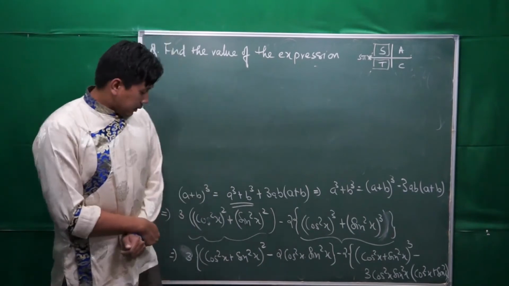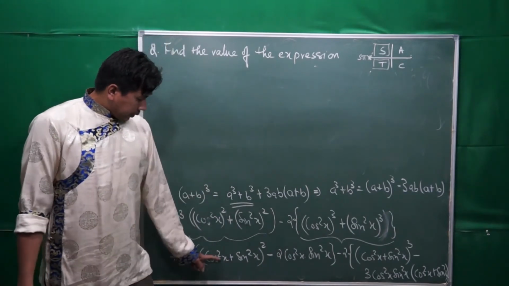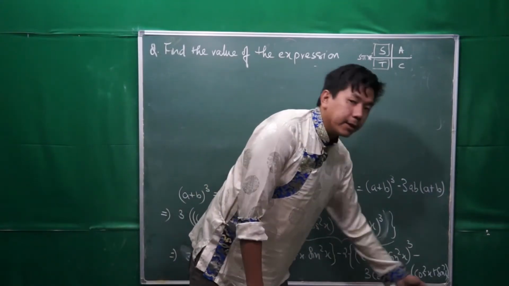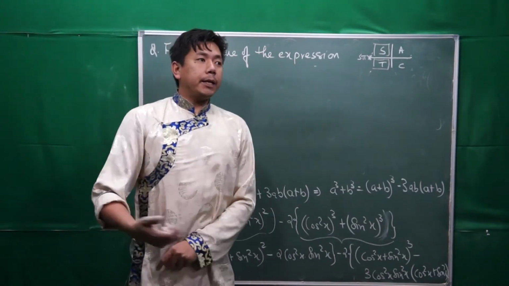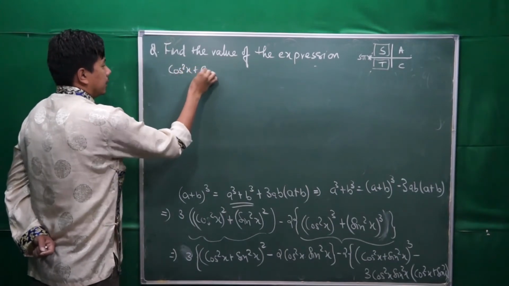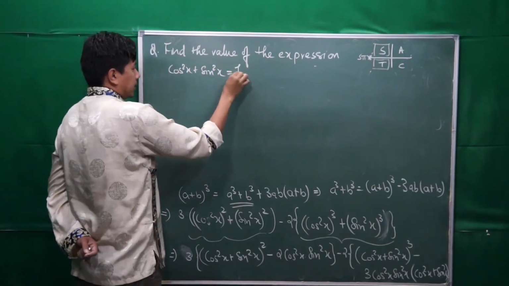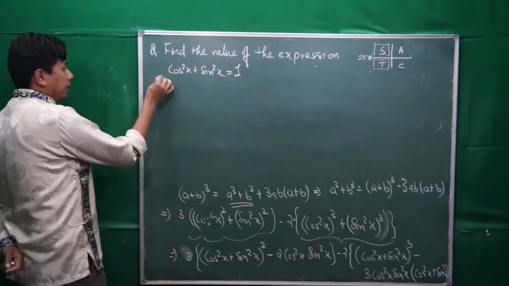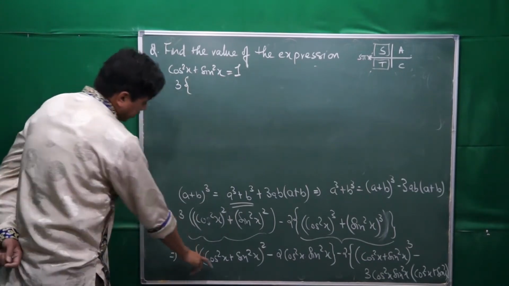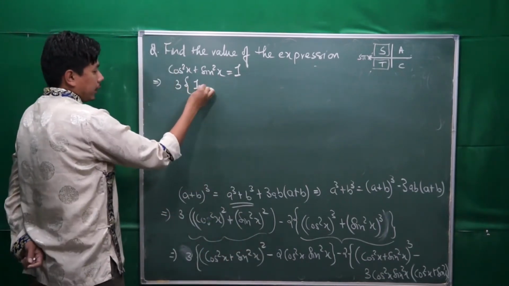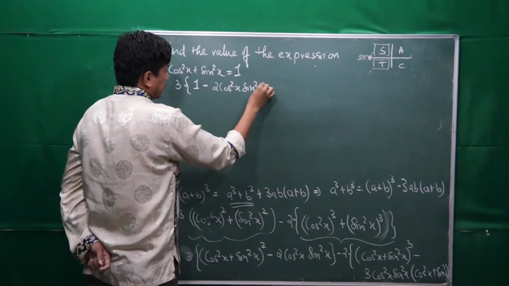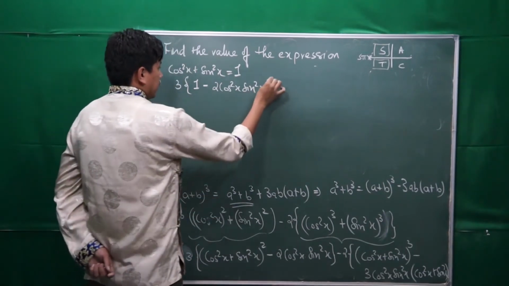Okay, so proceeding further, we can see that cos square x plus sin square x is over here, and the same thing, cos square x plus sin square x. Now from trigonometric identities, if you remember in class 10th, we had cos square x plus sin square x equal to 1. So replacing that, we are going to have 3 bracket, 1 squared is 1 minus 2 cos square x sin square x, close it.